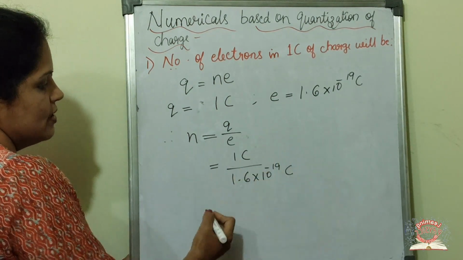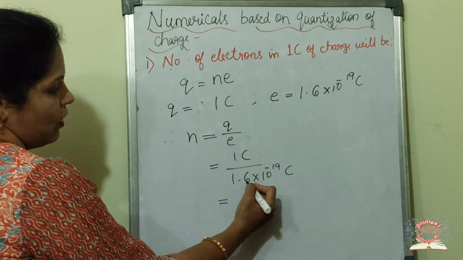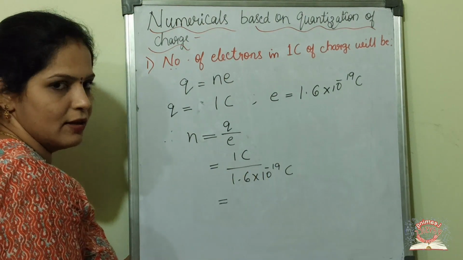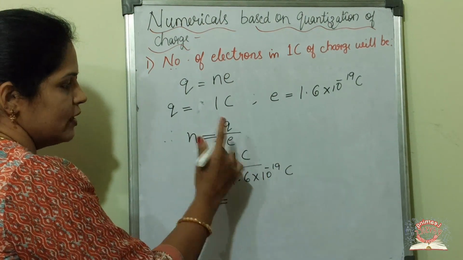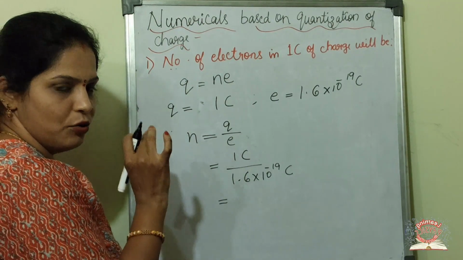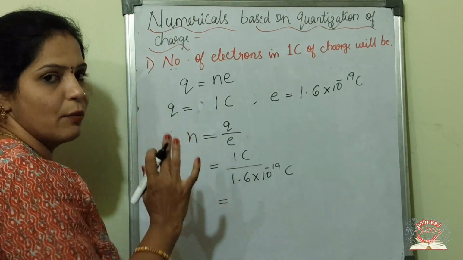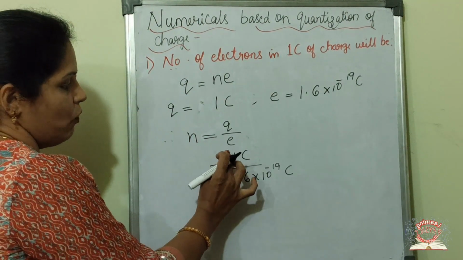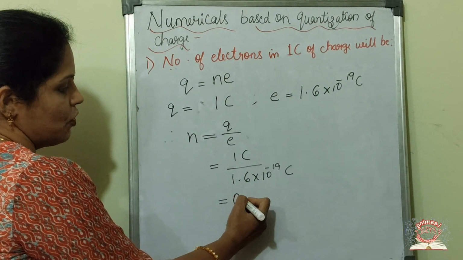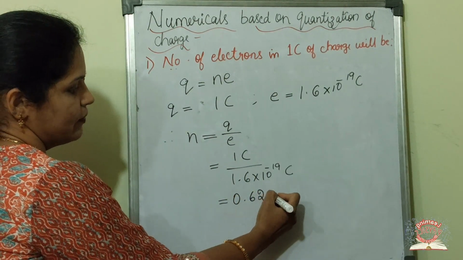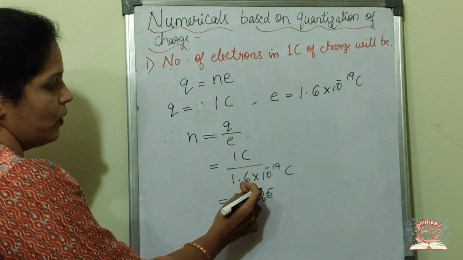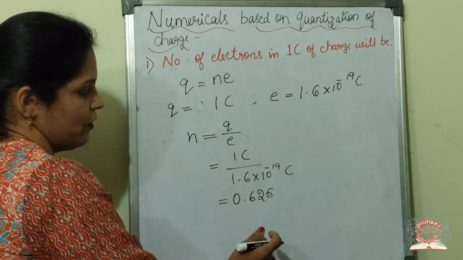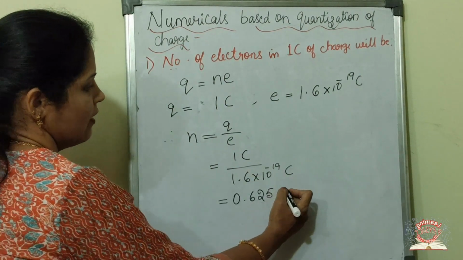The units get cancelled. 1 by 1.6, students always remember this. If you solve it one time, then you need not solve it again and again. You just remember this number. 1 over 1.6 is always 0.625. Please do remember this number always.